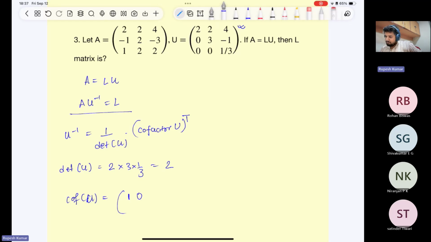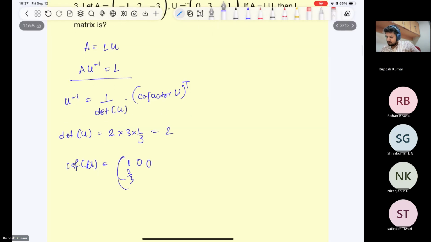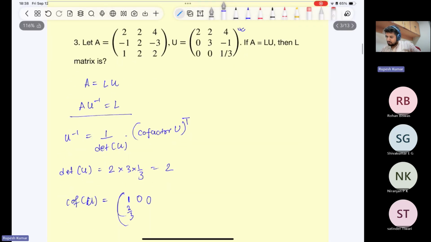For 4, it will again be 0. Then for 0, it will be 2 by 3, and this will be minus 2 by 3. Then for 3, it will be 2 by 3 plus 2 by 3, right? And for this again, minus 0 is 0, right?